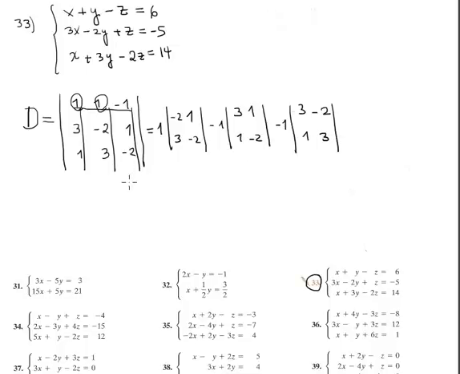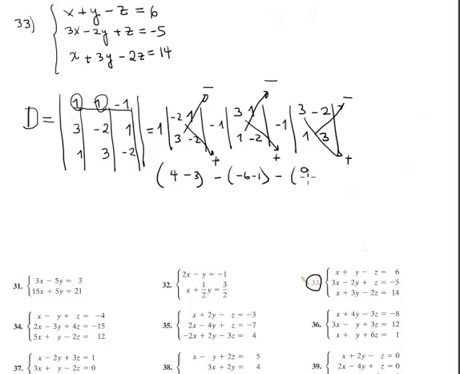Okay, now we have multiplication, this and this, and this and that. It is 4 positive, minus 3. The multiplication is minus 6, minus 1, minus, multiplication here is 9 plus 2.